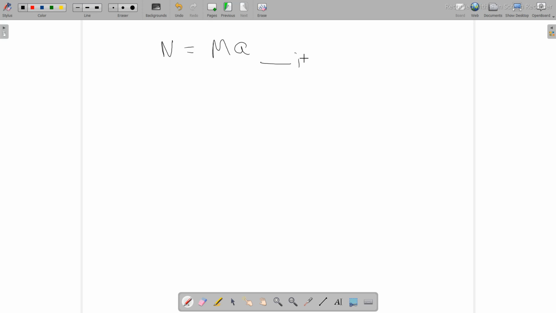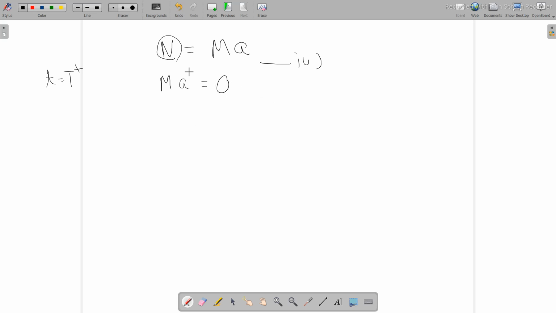Okay, assume that it is equation fourth. Now at this instant t is equal to t positive, this N is equal to 0, but acceleration remains same because it is the next instant. So M a is equal to 0.